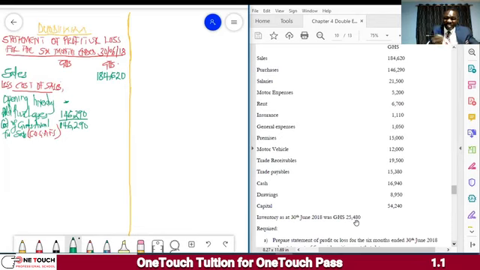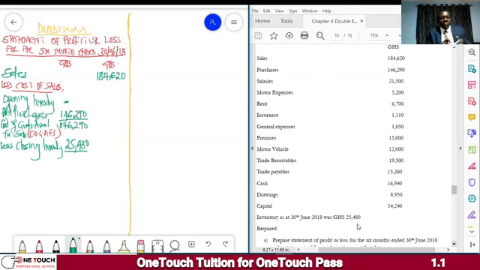So it means I have to deduct it from the goods that we had to sell. And the difference represents the cost of goods that we sold. So we say less closing inventory. The closing inventory is 25,480.